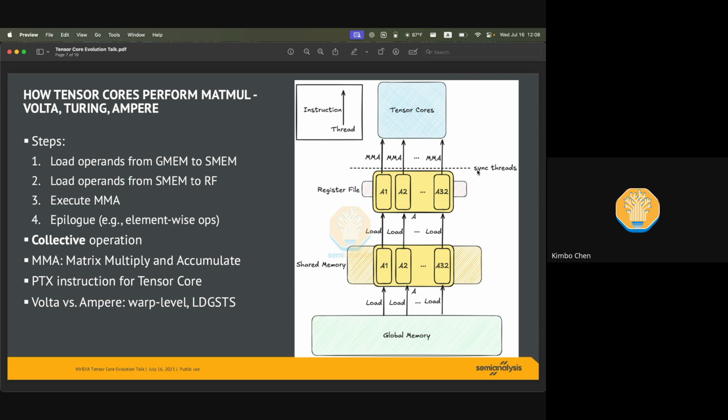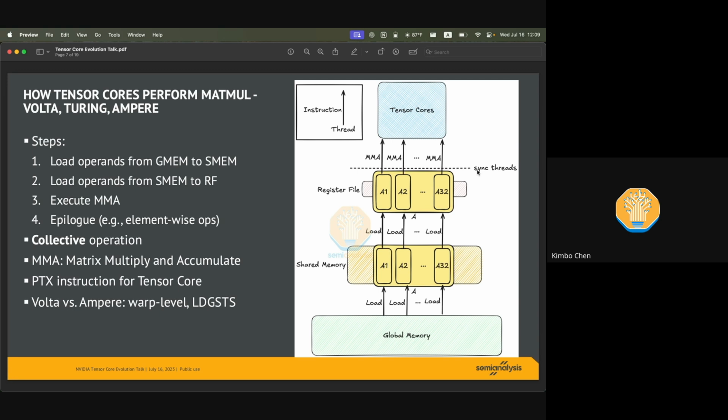Throughout Volta to Ampere, Turing is in the middle between Volta and Ampere in terms of design. The major difference between Volta and Ampere is the number of threads you need to launch an MMA. Specifically, Volta uses 8 threads. Ampere uses a warp of 32 threads.